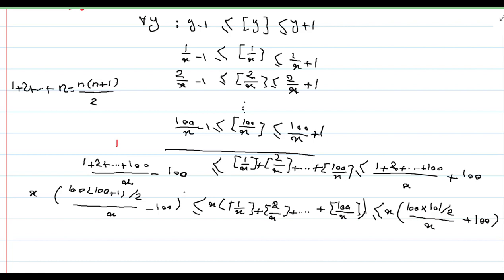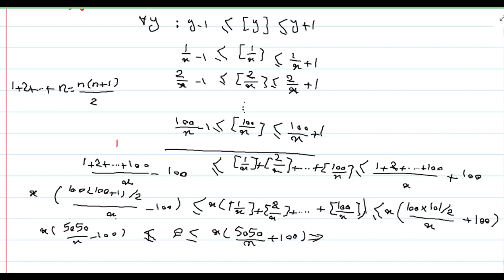So this term will be equal to 100 times 101 over 2, which is 50 times 101, over x minus 100, and also for the upper bound the same.